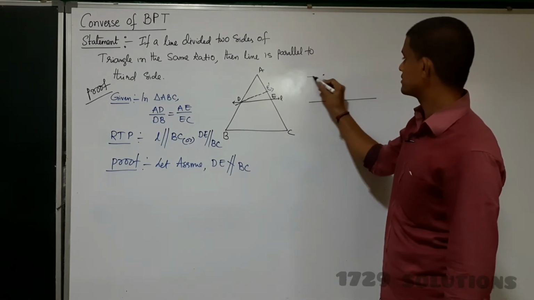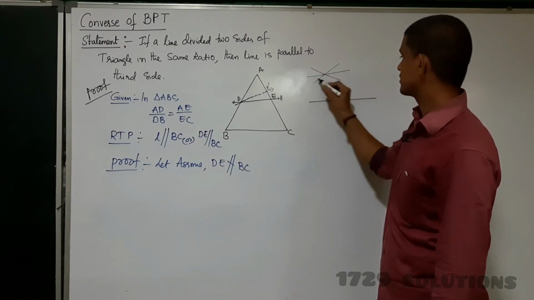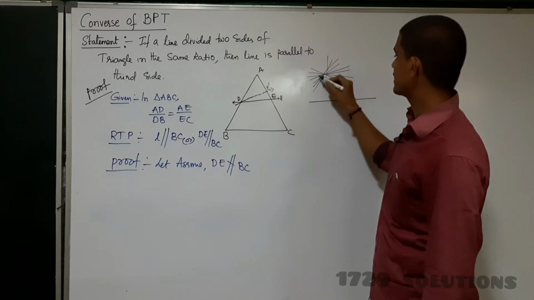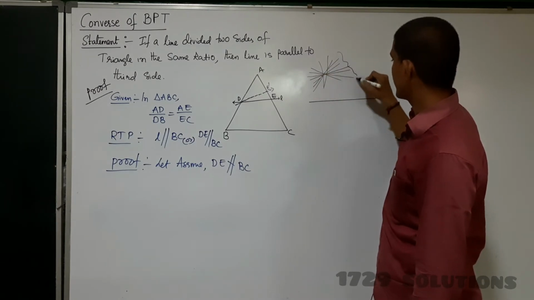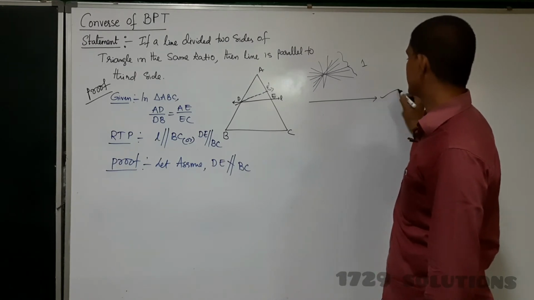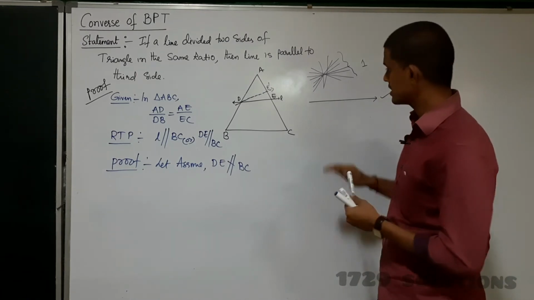From one point so many lines, infinite lines can pass. Out of infinite lines only one line is parallel to the given line. That is the proof we are using here.